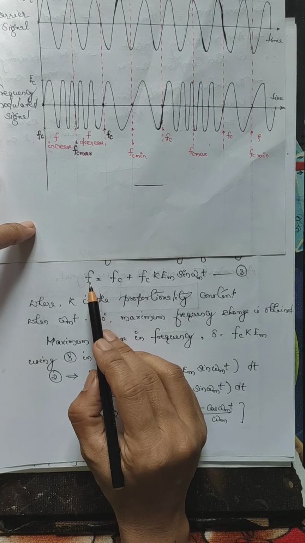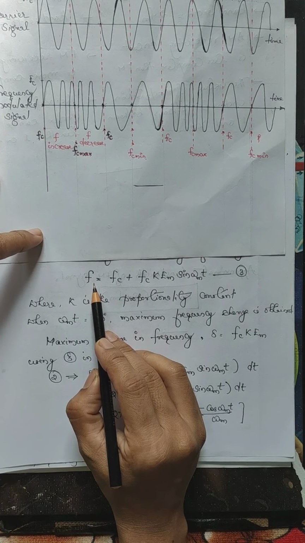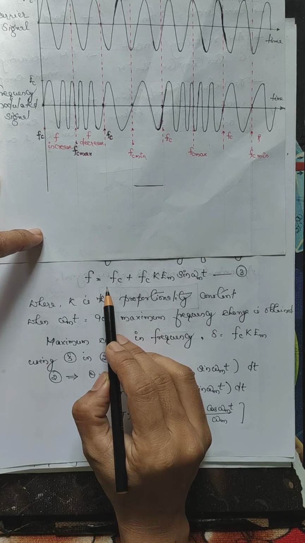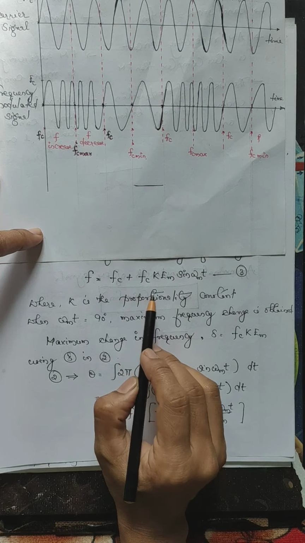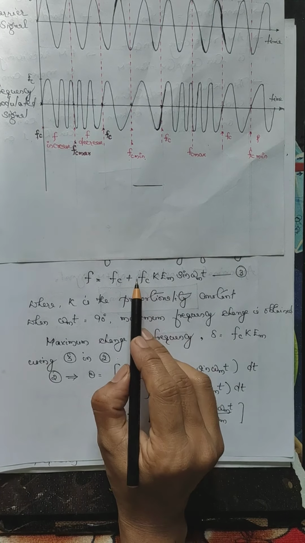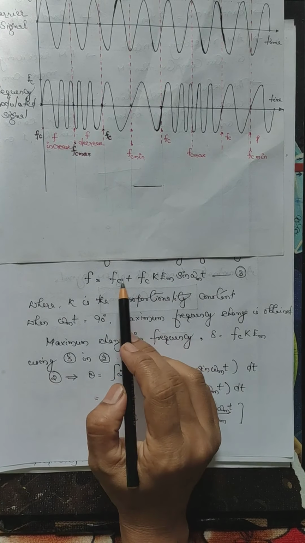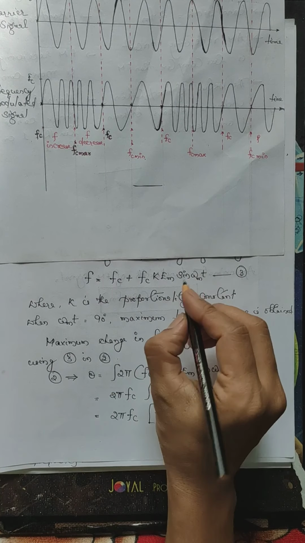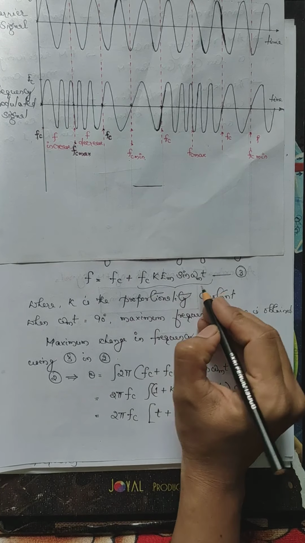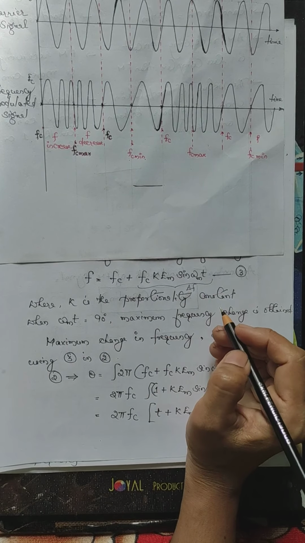So we can write the frequency of the modulated signal as the actual carrier frequency fc plus a change in frequency, delta f.